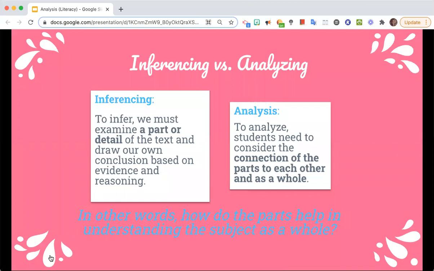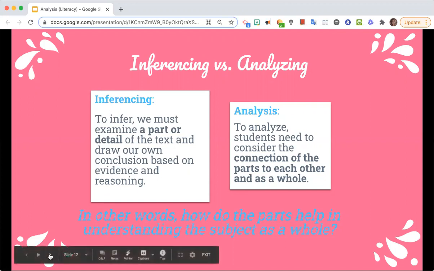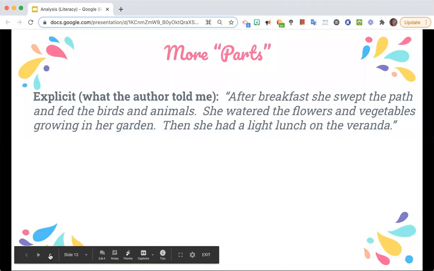So a great question to ask your students is, how do the parts help in understanding the subject of the whole? How do the parts add up? And based on those parts, what conclusion can you draw? We only have one part so far, so now we're going to add some more parts.